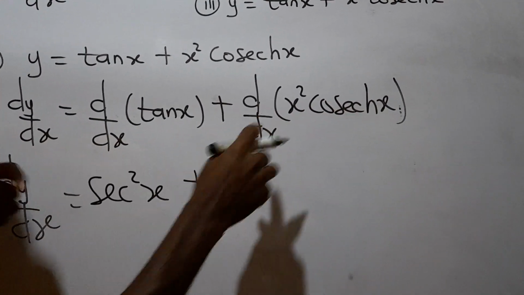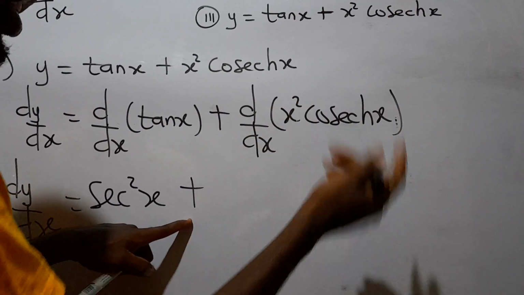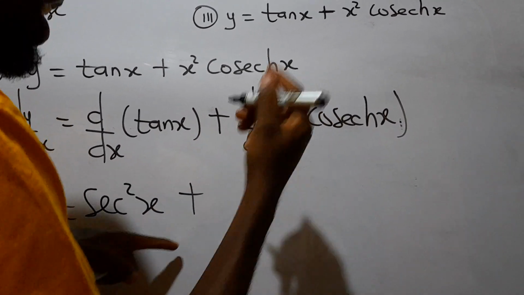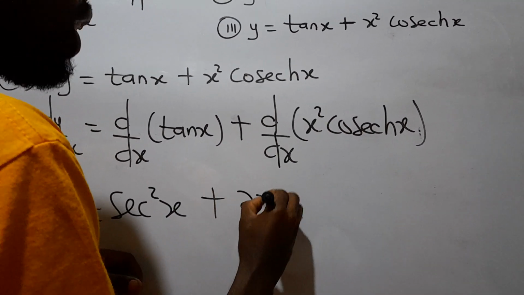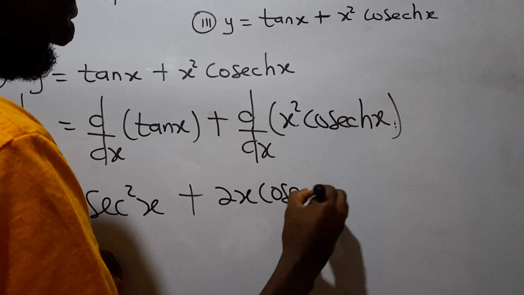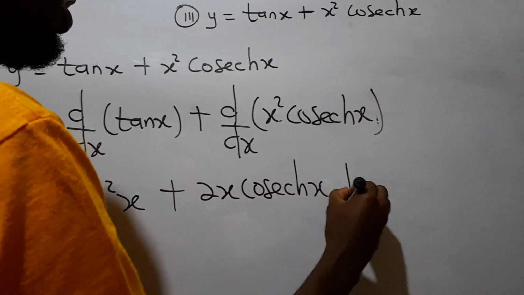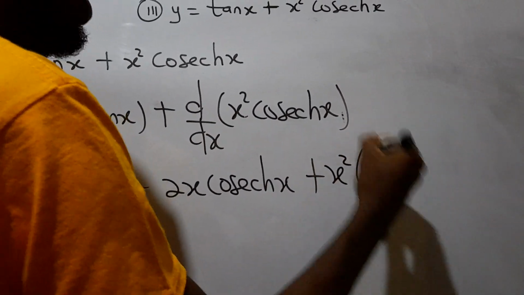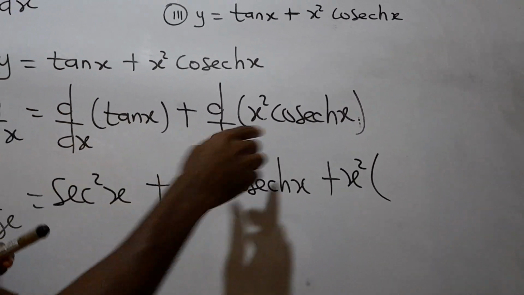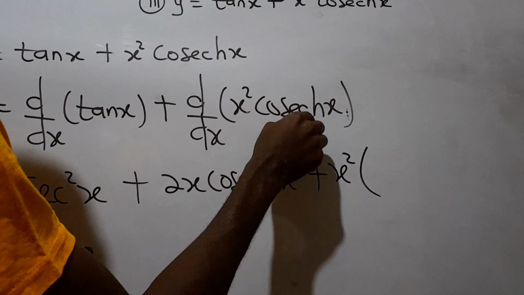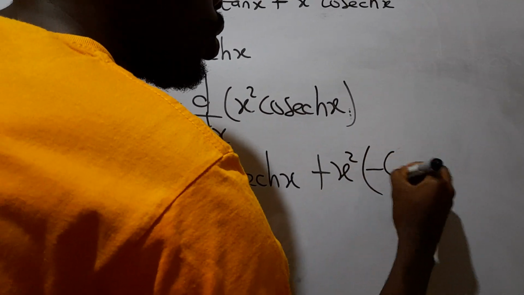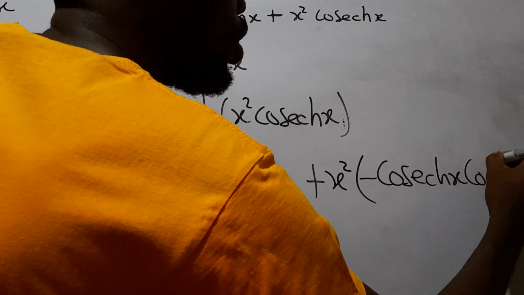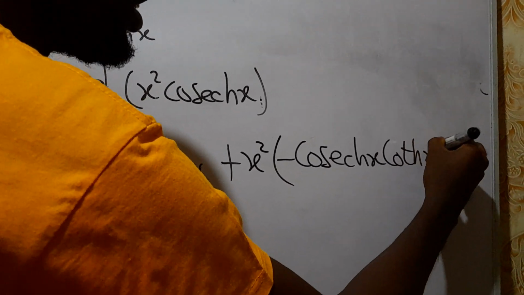then plus, how do we differentiate this? We use the product rule. We keep one, differentiate the other. So I'm keeping cosech x and differentiating x squared, I'll get 2x cosech x. Plus, now I'll keep x squared and differentiate cosech x. Remember, when I differentiate cosech x, I'll get negative cosech x coth x.